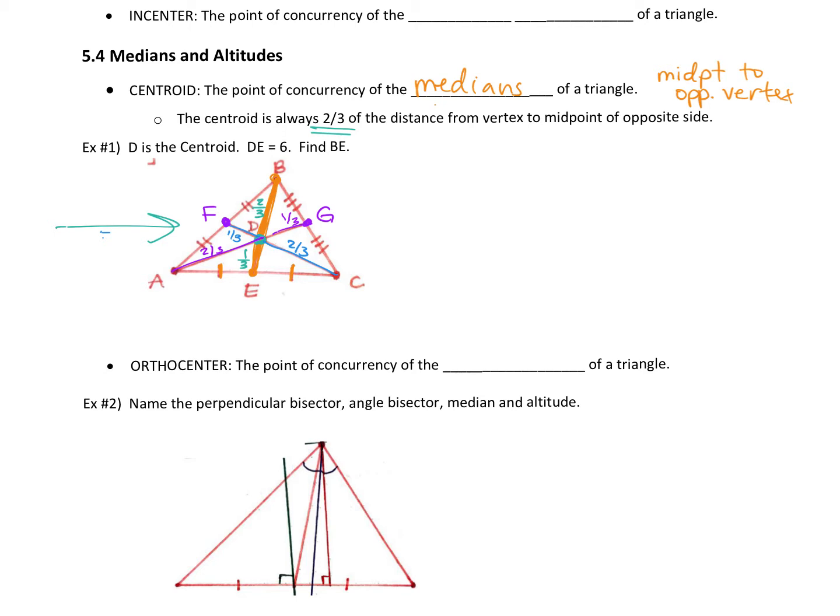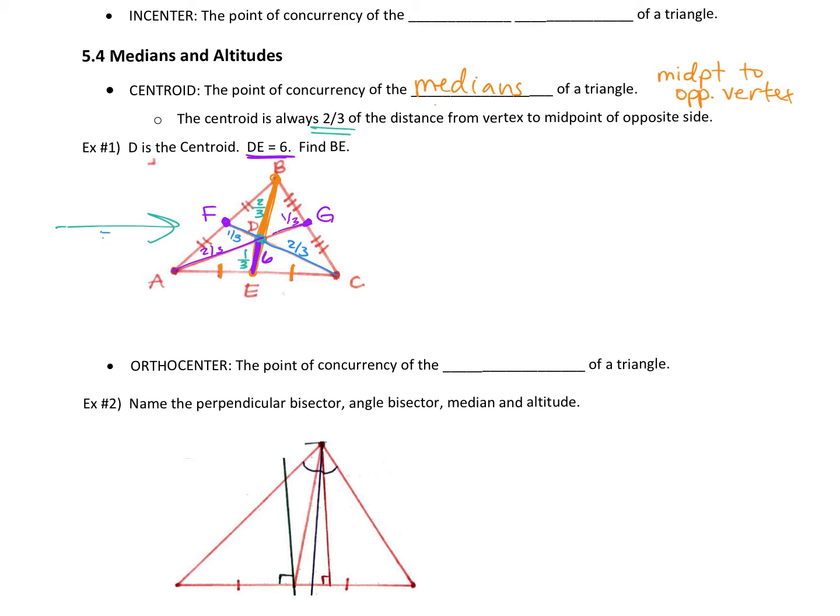Okay, so with a centroid, 2/3 and 1/3 come into play a ton. If I tell you that DE is 6, so this piece right here is a length of 6. That is 1/3 of segment BE. The other piece of BE, BD, is 2/3 of the segment.